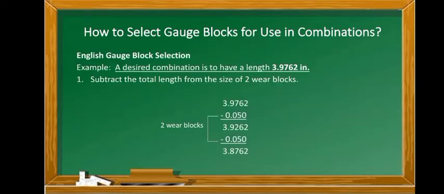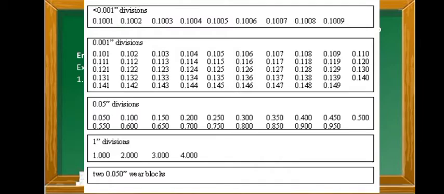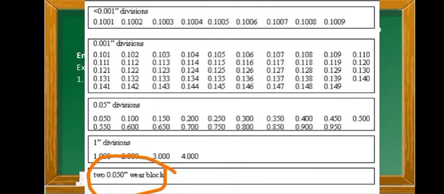For example, using the 83-piece set of English gauge blocks, a desired combination has a length of 3.9762 inches. The first thing to do is to subtract the total length from the size of two wear blocks. So we subtract the total length, 3.9762 inches, by two wear blocks. The length of each wear block is 0.050 inch.